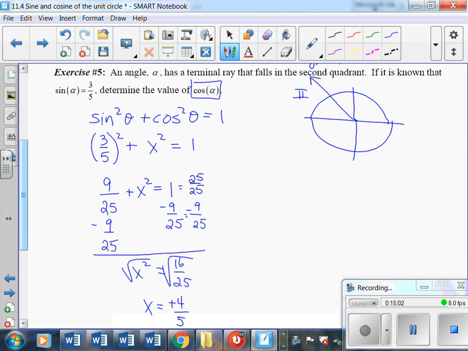Remember when we took square roots, it was always positive and negative, but because we're talking about sides and angles, we're only talking about the positive value here. So our answer is 4 over 5. Make sure you answer the question: the cosine of alpha is equal to 4 over 5.